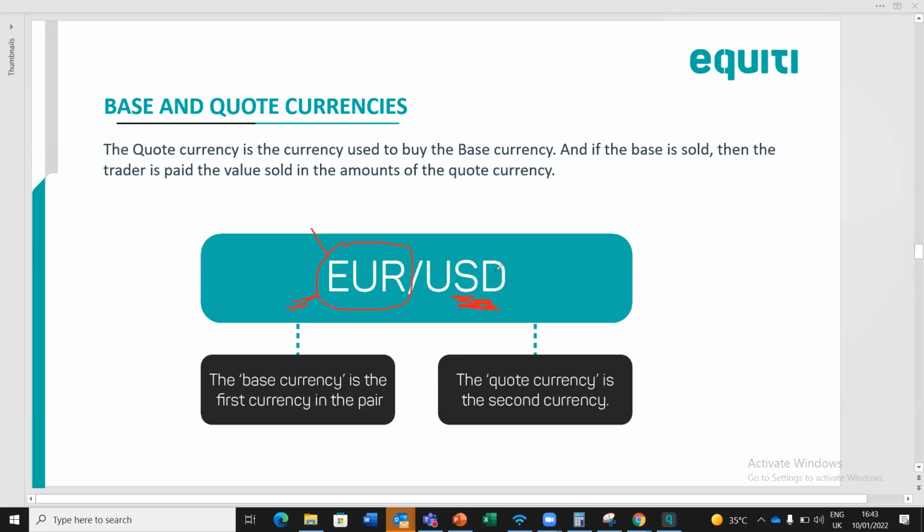When I say sell EUR/USD, of course you're selling euro, but you're paid the value of the euro you're selling in United States dollars. So in other words, the quote currency here, the US dollar, is the currency used to buy the base currency. We use it to buy the base currency euro, and if the base currency is sold, the trader is paid the value sold in the quote currency, which is the USD.